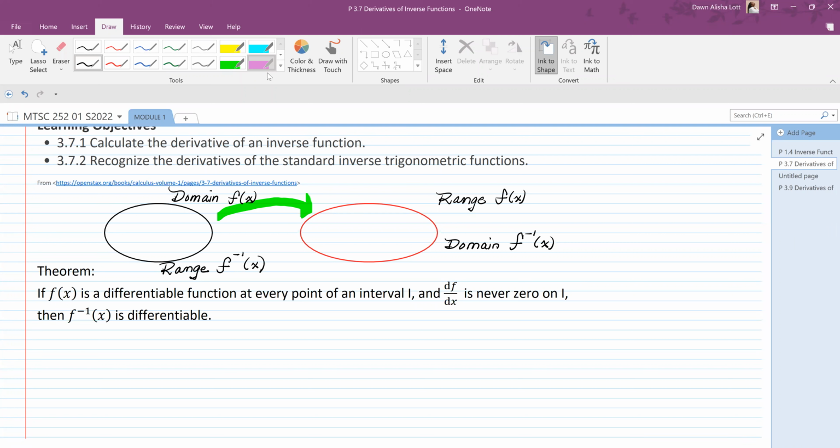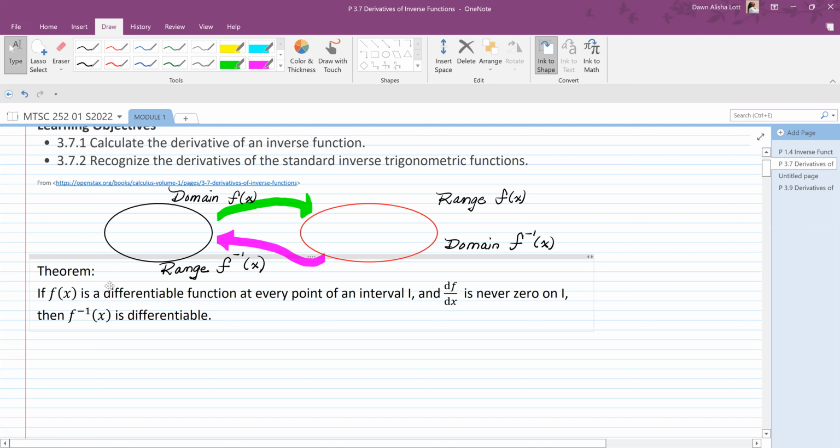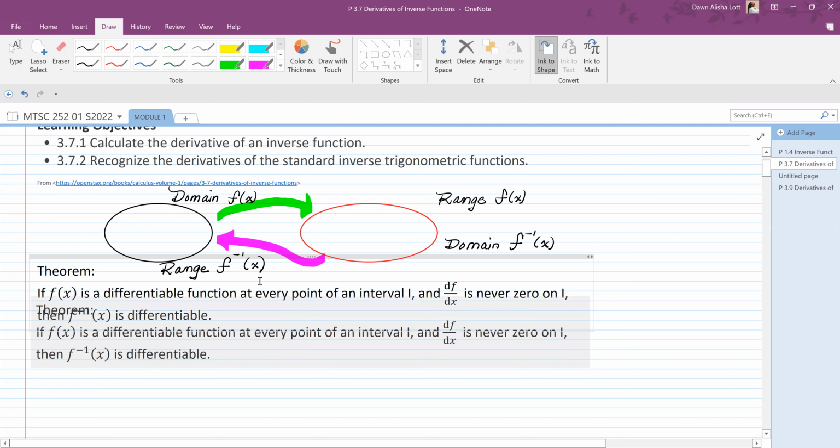And so f inverse goes like this. Okay, so I want to talk about a theorem.